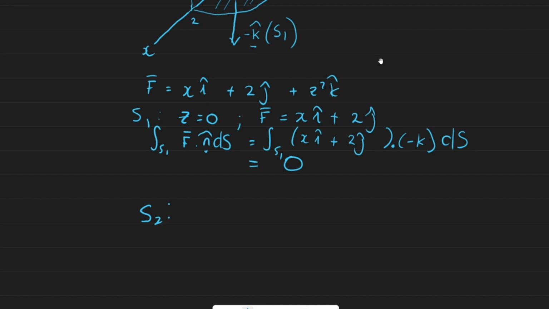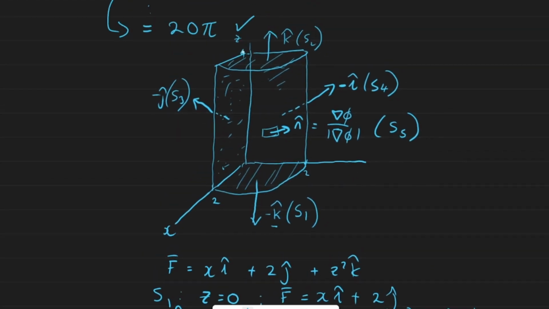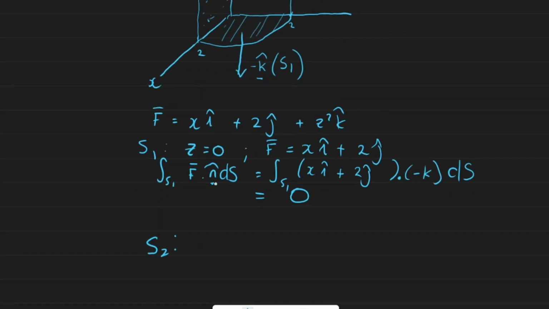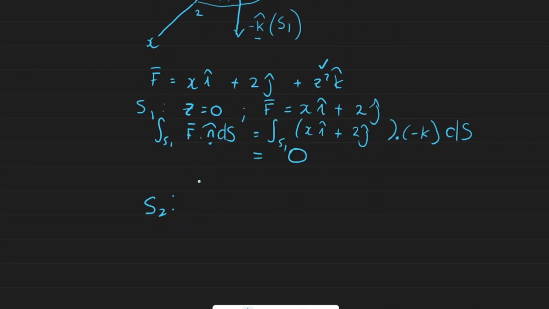So surface 2, we can remind ourselves that this is actually the top of the cylinder, and at this plane, z is equal to 4. So we have to substitute z is equal to 4 in our vector. And what that means is that f is now equal to xi plus 2j plus 4 squared k. 4 squared is 16, so we have 16k.